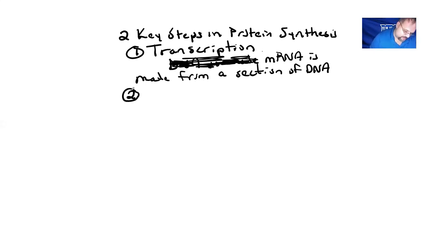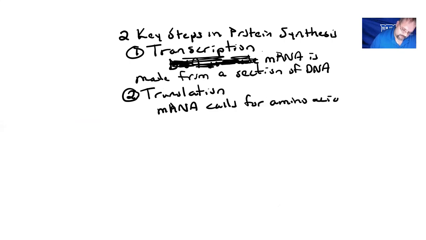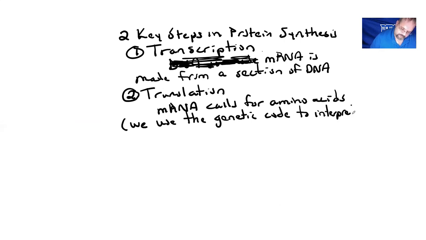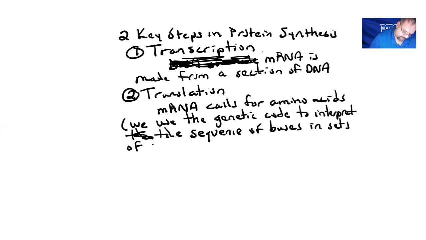And then essentially you have translation, where the messenger RNA calls for amino acids, and we use what is known as the genetic code to interpret the sequence of bases in sets of 3 called codons.